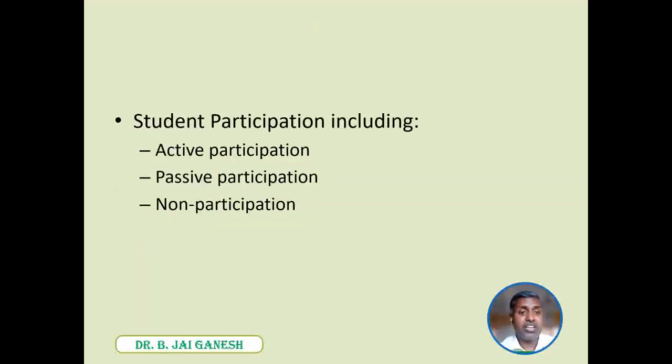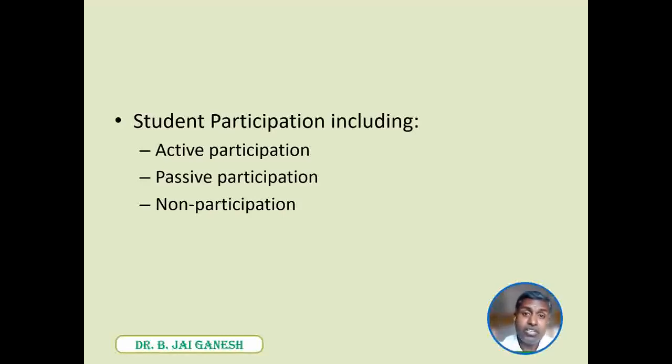With that, we have to move on to the students' participation. This is very brief and more effective, such as active participation. Even though we have good knowledge and a good ability to teach the content, if the students are not active in the classroom, it is a big question mark for deeper learning. So active participation is important, and as teachers, we must ensure active participation. Then passive participation.